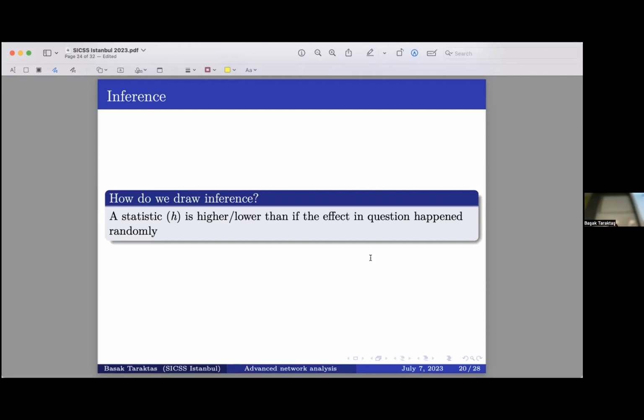Stars signifying you have some statistical significance at some level, 1 star, 2 star, 3 stars, whatever. And given that you have some statistical significance, you're going to look at whether the statistic is positive or negative. And a higher statistic will mean that you're seeing more tie formation that can be explained by that statistic.